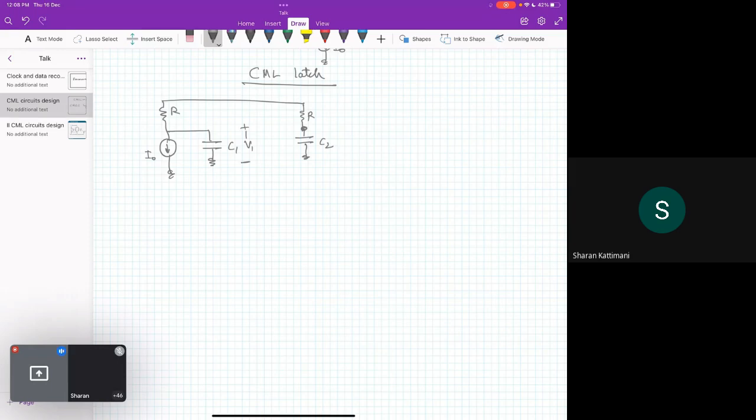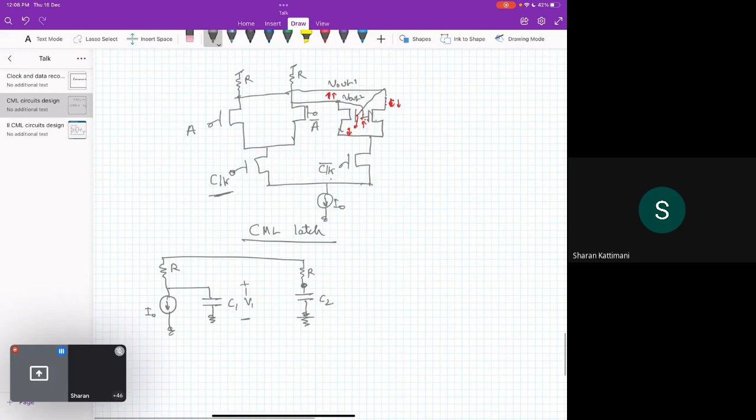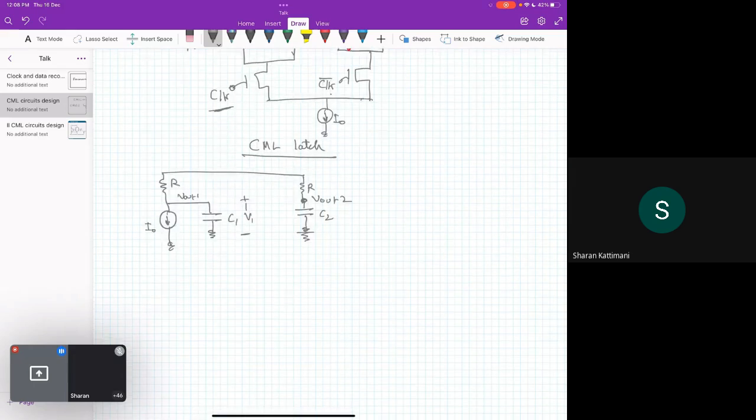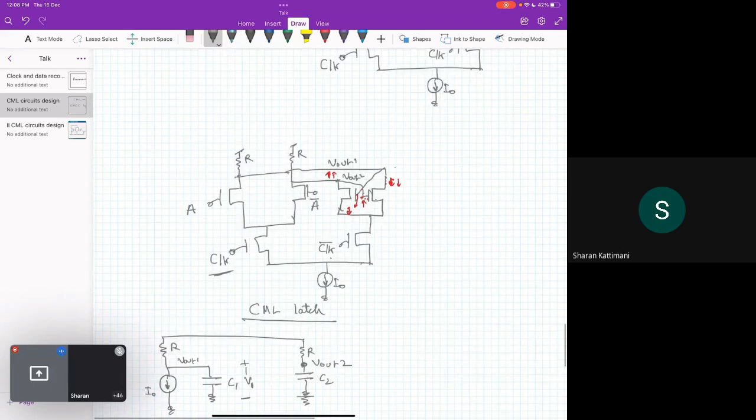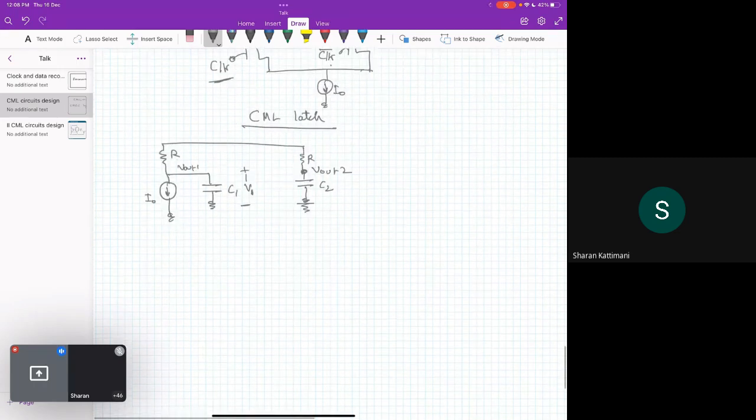If C2 is charging, at that time C1 will be discharging. Okay, because this is Vout1, and this is Vout2. Okay, so when it is complementary, it will result in this, and this V1 can be either VDD or VDD minus I0R. Okay, so we know that this either goes to VDD or it will be VDD minus I0R or below it. Okay, so this is the swing. So I0R is the swing.